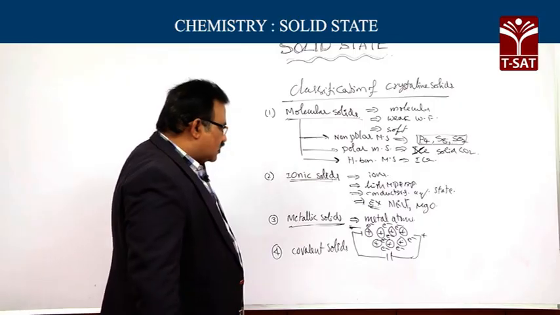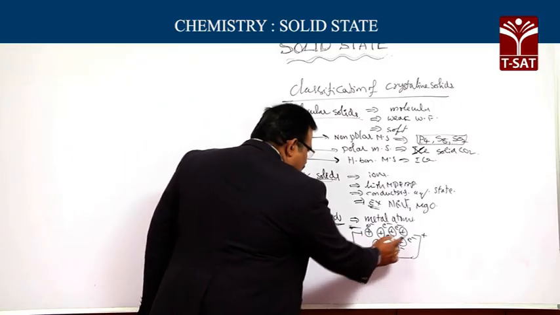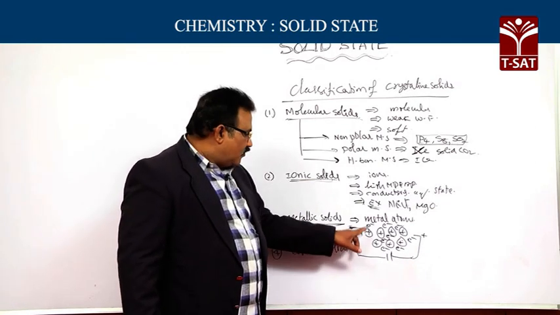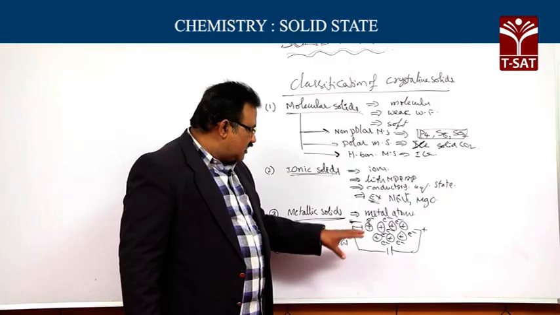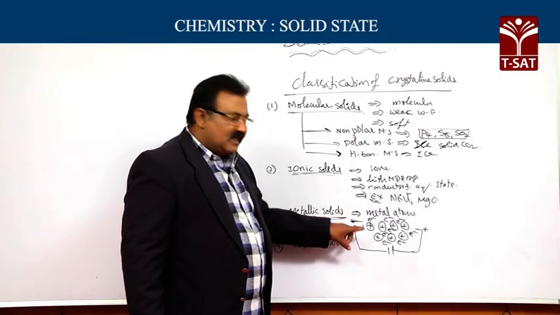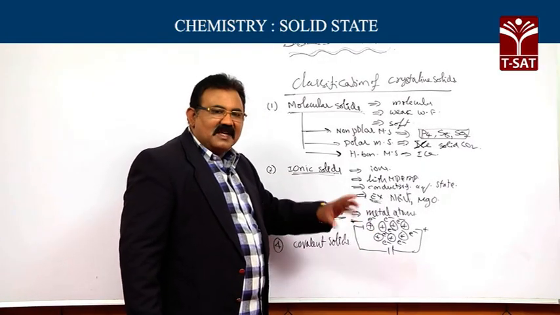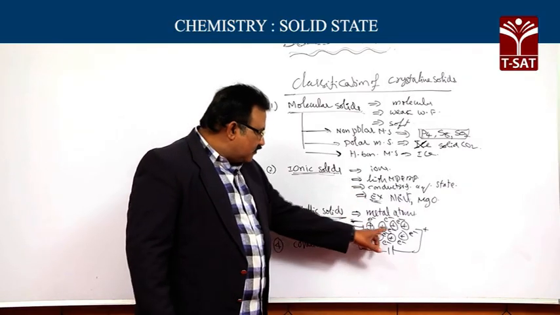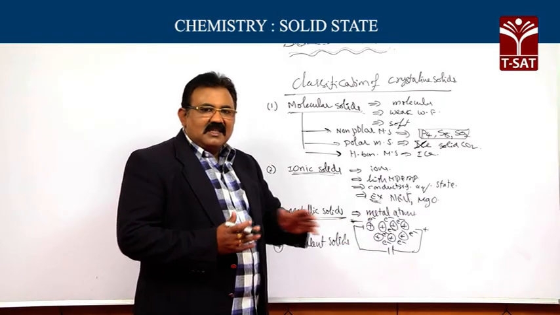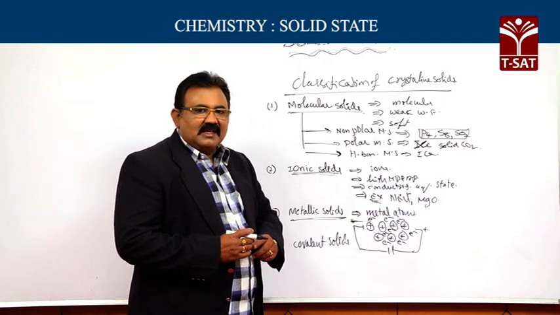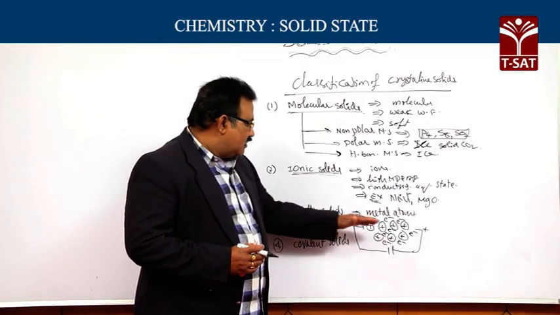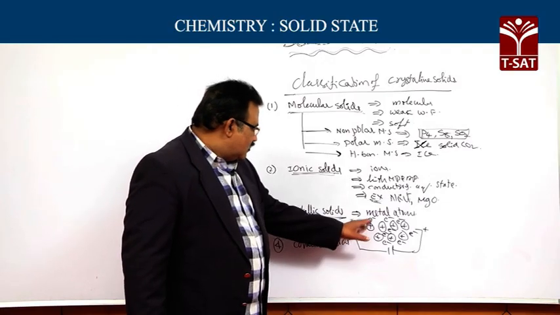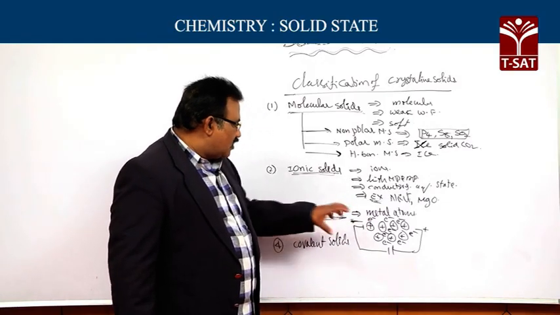Metallic solids are good conductors of electricity because these free electrons are also responsible for the conductivity of electricity as well as heat. Because of the free electrons, metals are lustrous, that means they have shiny surfaces. Because of the free electrons, the metals are malleable, that means the metal can be molded into thin sheets and wires. So, these are the properties of metallic solids.